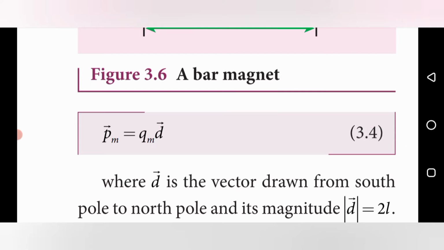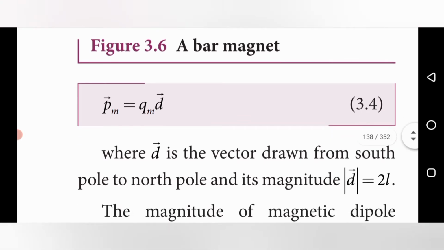So PM is equal to QM, any one of the pole strengths, into the total distance D. D is equal to 2L. The direction is taken from south pole to north pole. So this is the first property of a magnet.